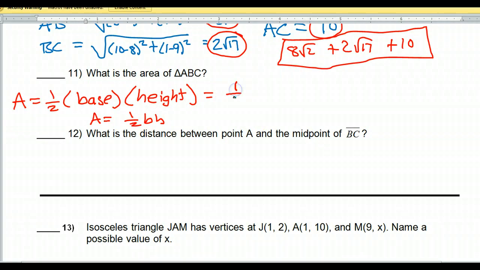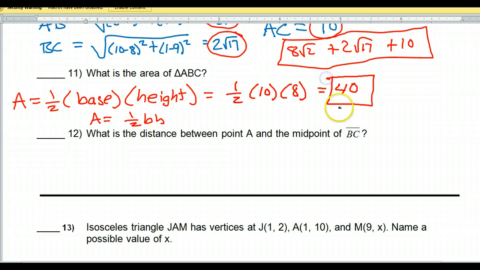So this is going to become 1/2 times 10 times 8. So that's going to be 40. Half of 10 is 5, 5 times 8 is 40. That's how you can do it in your head.